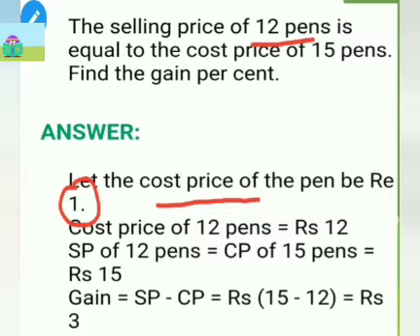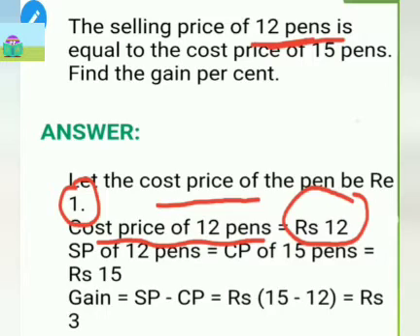Now in this, the method is, whichever number of pens the selling price is given for, first calculate how much the CP will be for that many pens. So here the selling price of 12 pens is given, so we will calculate the cost price of 12 pens. The cost price of 1 pen is rupees 1, so 12 pens cost price will be rupees 12. Now we will calculate the selling price of 12 pens.